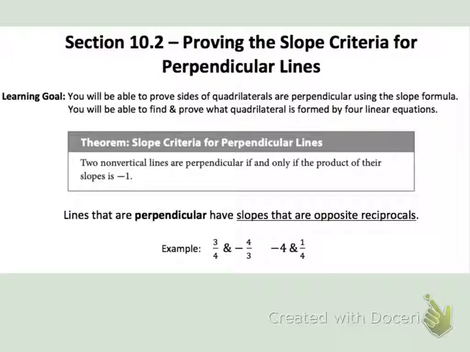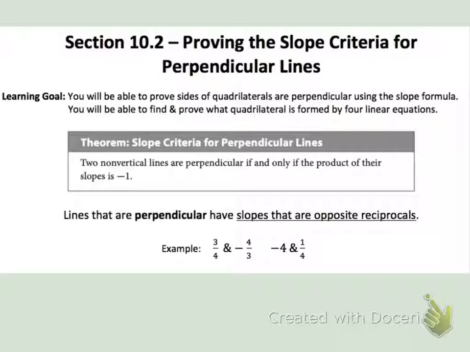Today we're going to look at other quadrilaterals that have perpendicular parts, whether they're perpendicular sides or perpendicular diagonals, and we're going to use that slope criteria to prove perpendicular lines.